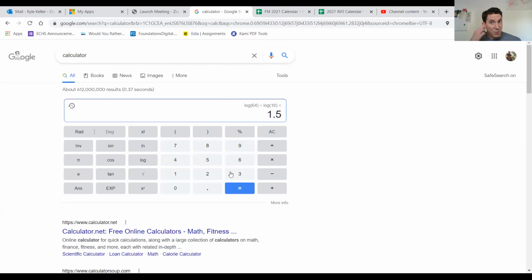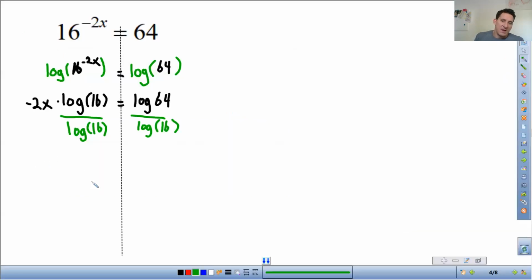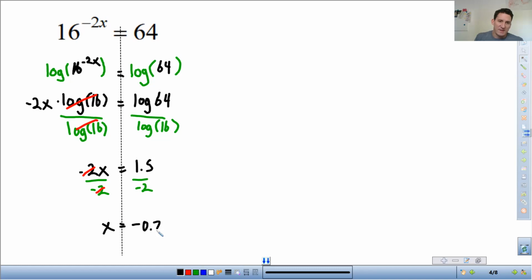That comes out to 1.5, or 3/2 if you prefer. We'll just do decimals. So this cancels out. You're left with just negative 2x is equal to 1.5. And then the last step is I need to divide both sides by negative 2. So you get x is equal to negative 0.75.